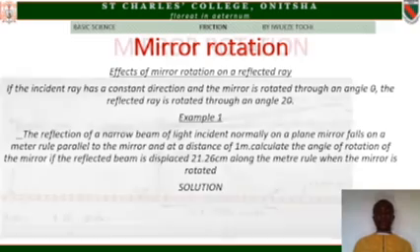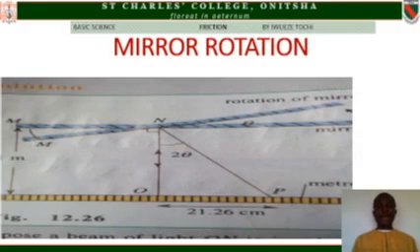Solution. Now look at the diagram on the screen. The diagram is showing an incident ray and the reflected ray. Then when the mirror is shifted or rotated, the ray of light will be at another distance, p, with an angle 2 theta.